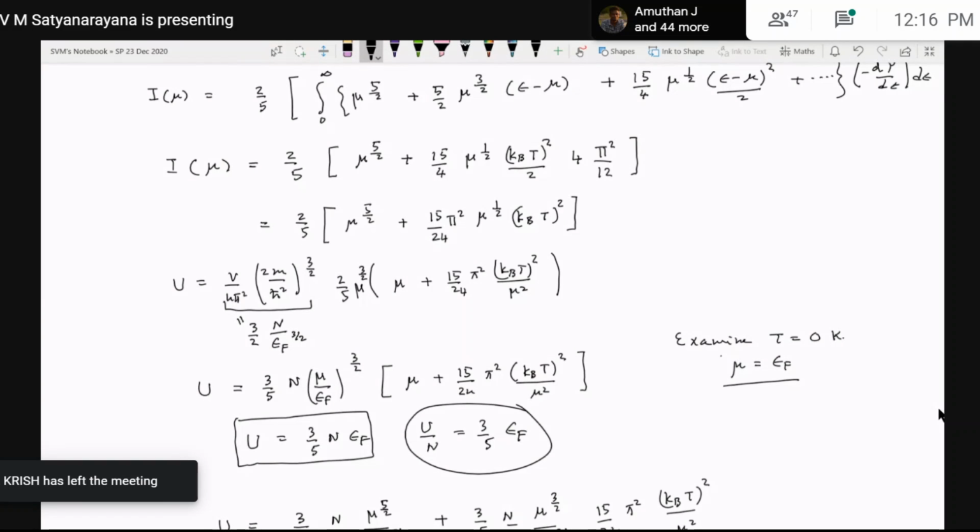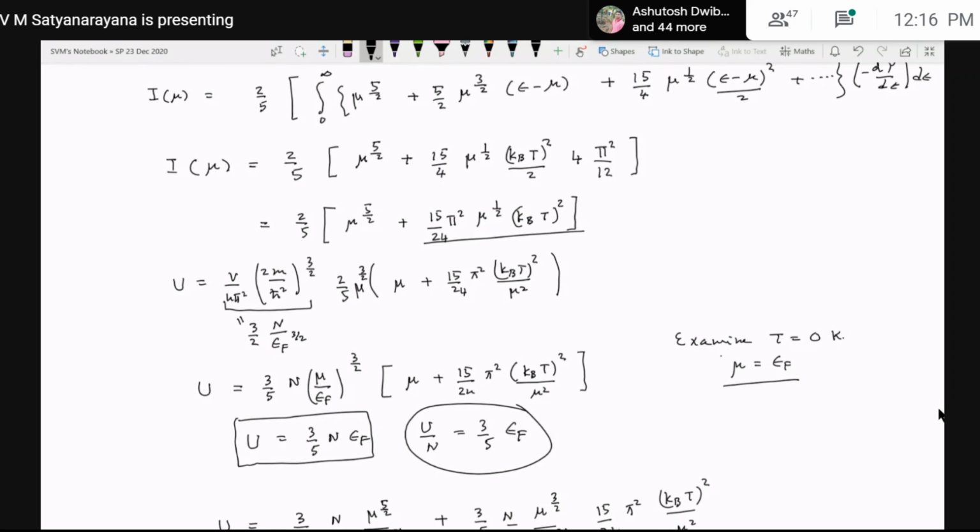So if I pull out mu to the power 3 by 2, this will be simply mu only, right? Remember, I multiply and divide this term by mu. Then this becomes mu to the 3 by 2.